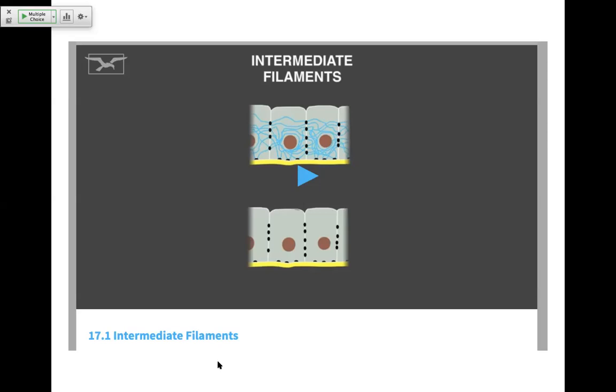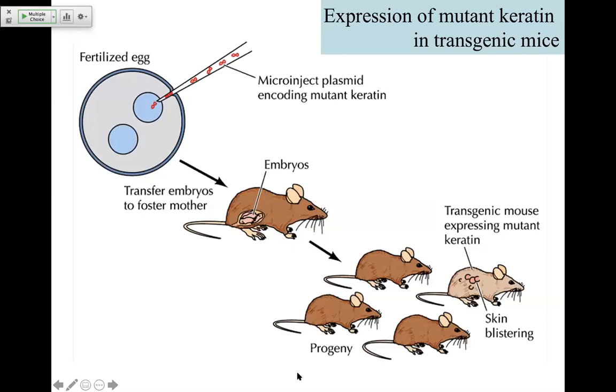All right, so let's look at an example of what happens if an intermediate filament does not form properly. And that's what this experiment is here. What they've done here is to demonstrate the role of keratins, intermediate filaments, in epithelium by injecting into a zygote, a fertilized egg, a plasmid that has a mutant gene, right?